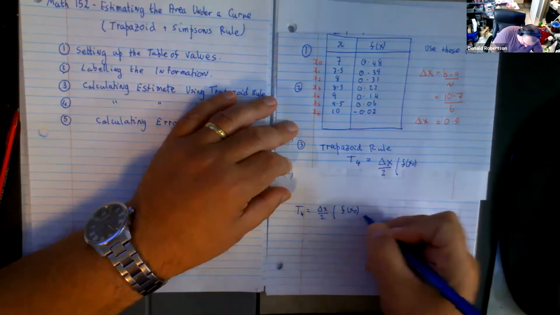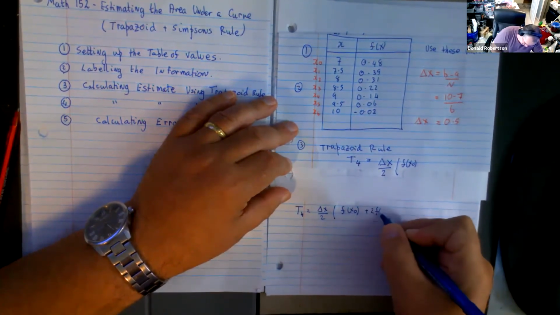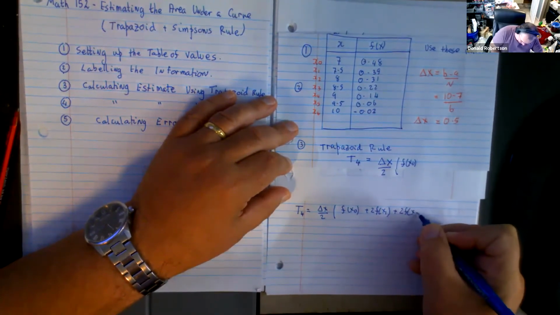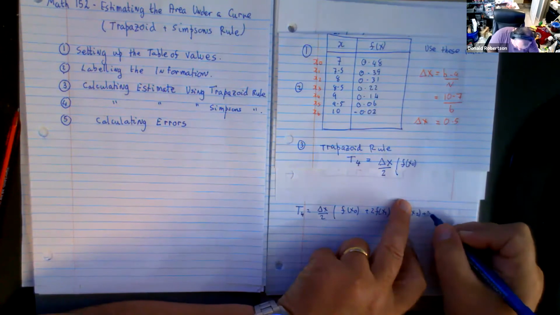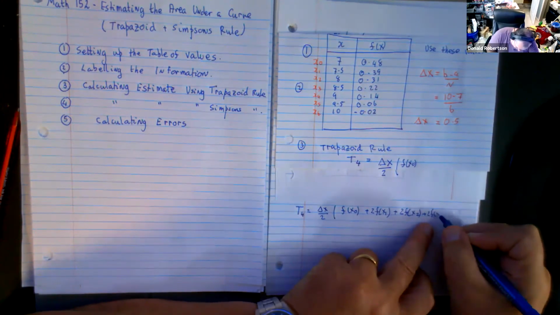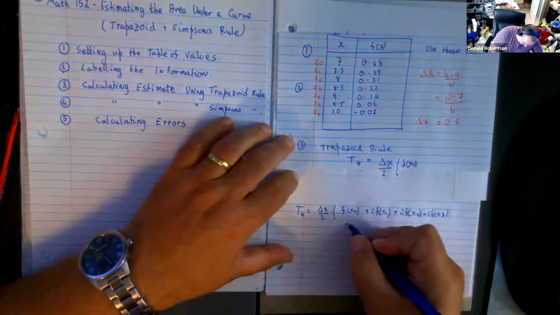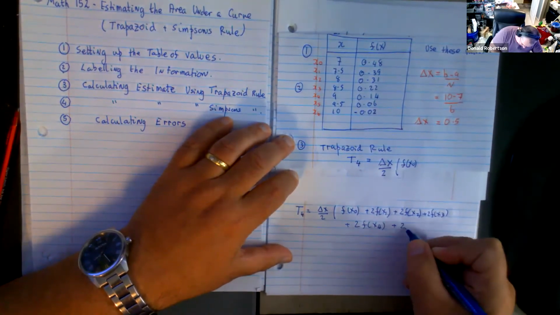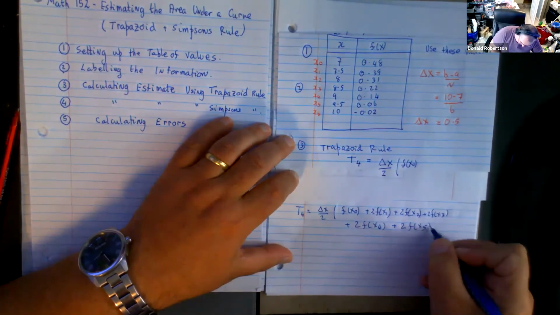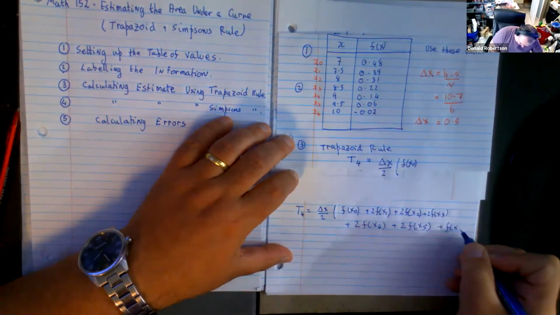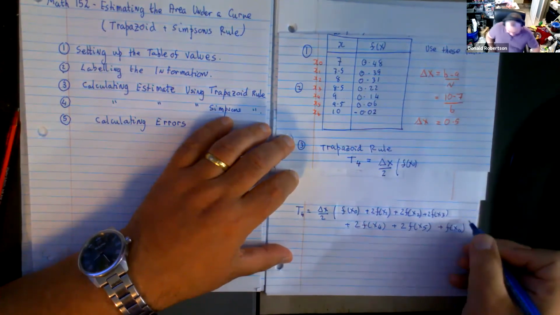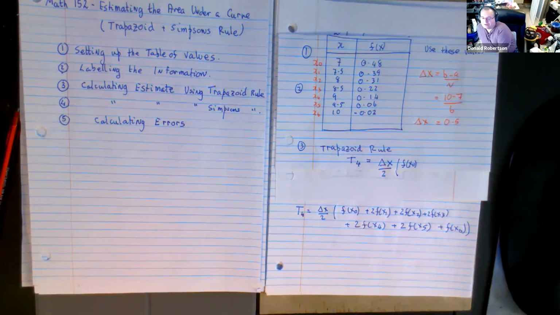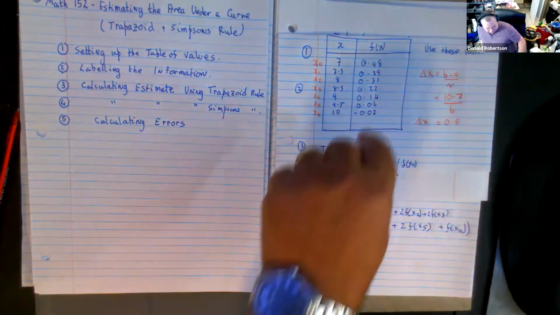It's the first guy, twice the second guy, twice the next one, twice the next one, twice the next one, twice the next one, and one of the last one. So if you look at that pattern, do you see that you use delta?